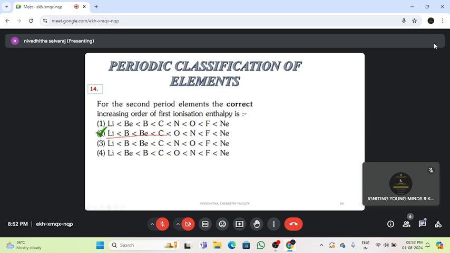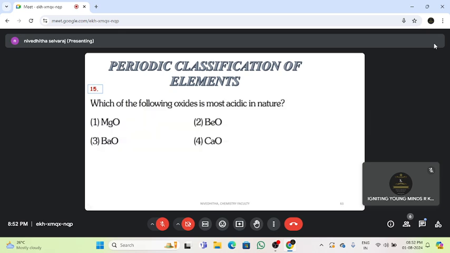Yes, ma'am. Okay. Which of the following oxides is most acidic in nature? So again, check for the position of magnesium, barium, beryllium, and calcium. And among all those elements, check which element cannot lose its electron. Then from that we can identify which is more acidic.